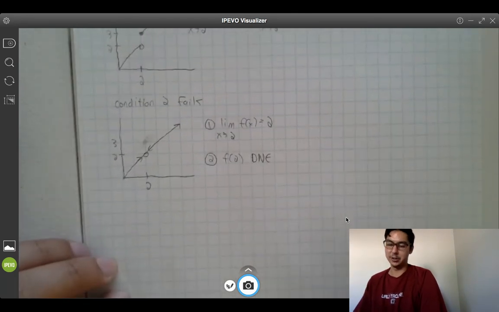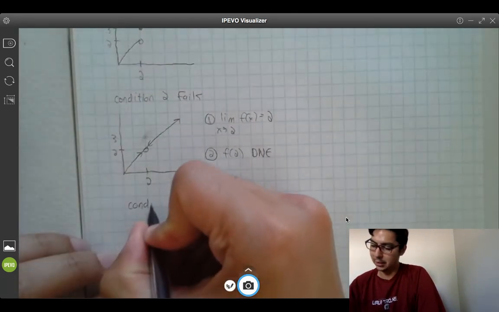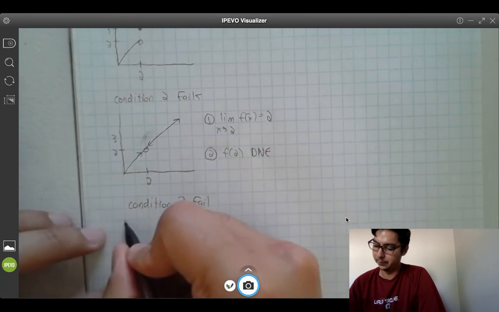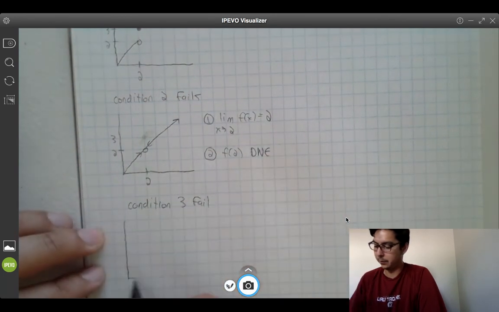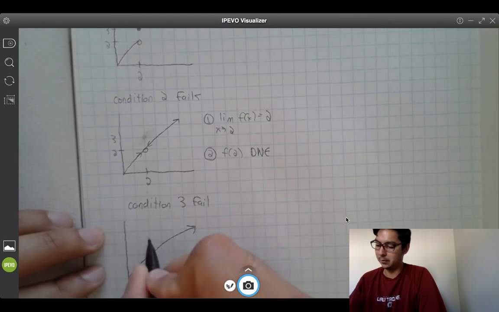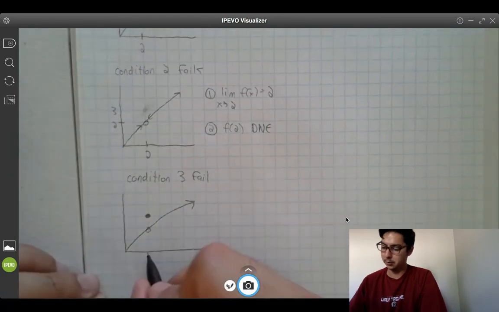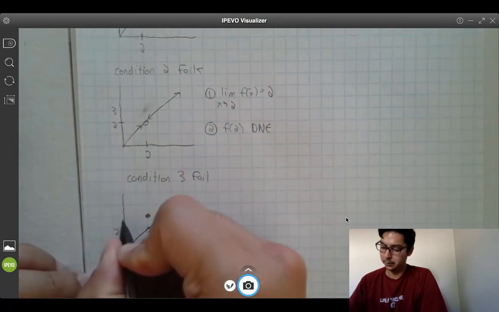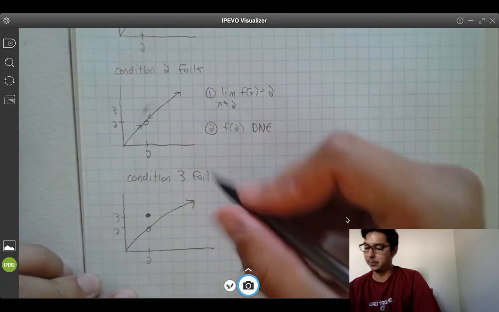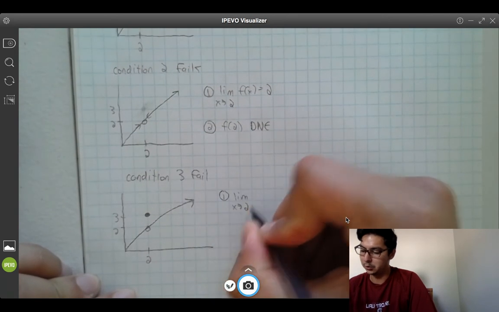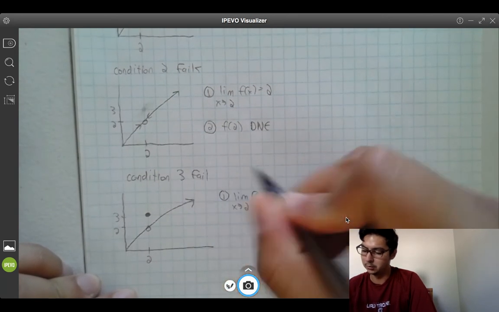What I did actually, the next one, is I jumped the gun. That is when condition 3 would fail. It's a situation where the limit exists. There's a value of the function at that point. But those don't equal. So condition 1, the limit as x approaches 2 is equal to 2.